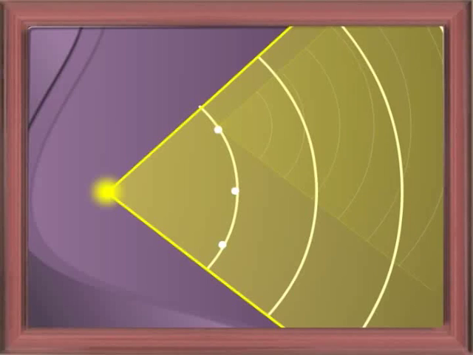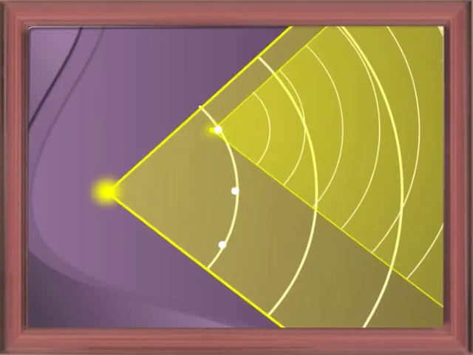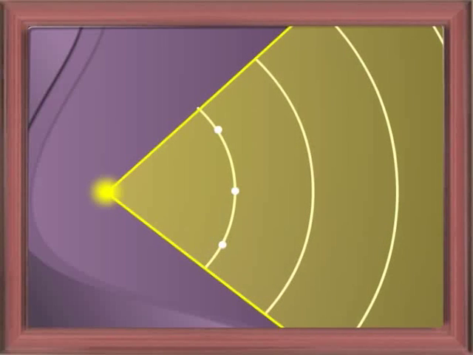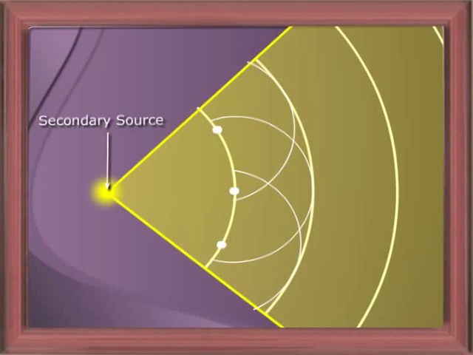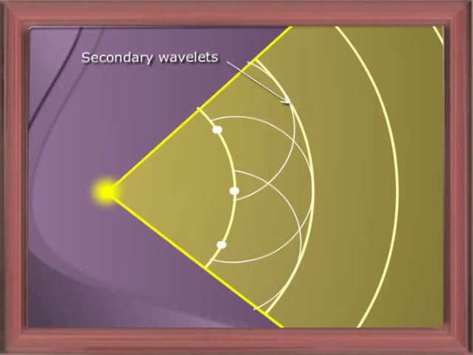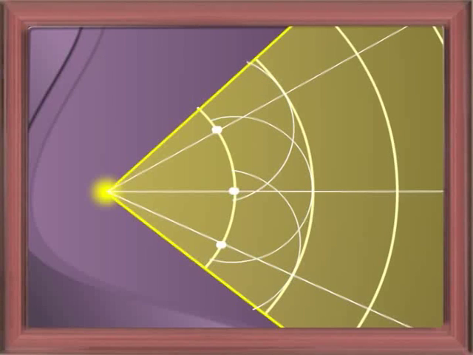Every point on the given primary wavefront acts as a fresh source of new disturbances called secondary wavelets that travel in all directions with the velocity of light in the medium. A surface touching these secondary waves tangentially in the forward direction at any instant gives a new wavefront at the same instant. This is the secondary wavefront.